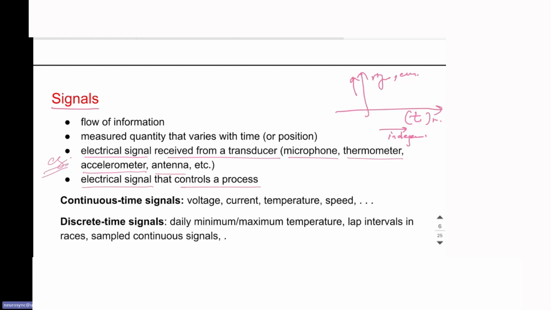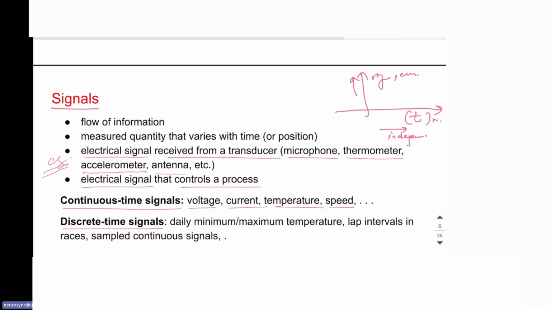Now we have continuous time signals and discrete time signals. Examples of continuous time signals are voltage, current, temperature, speed.